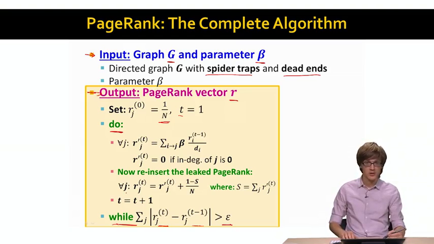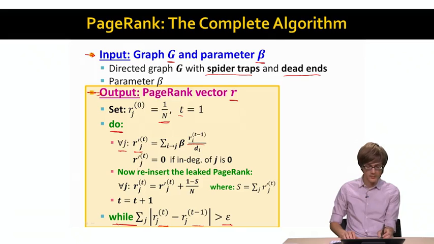Now let's look at what happens in the inner loop. First we have another for loop where we update the PageRank score of every node by taking the PageRank scores of every node i that points to it, and dividing that by the degree of i. This is the first part.